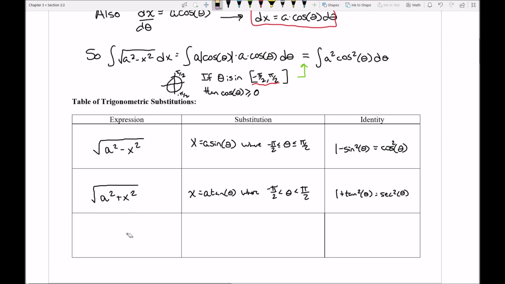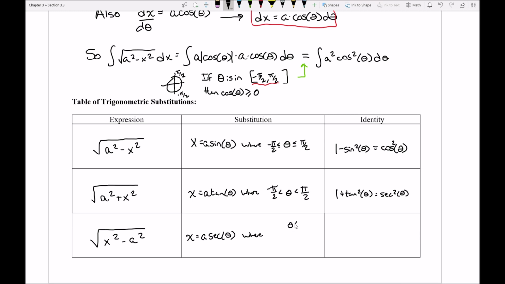Now, this is a complicated process to work with, and we have one more expression that we want to deal with. What would happen if I had something like an x squared minus an a squared? Well, here I would choose something like the following. I'd have x equals a secant theta, and my angle restriction is going to be very strange.